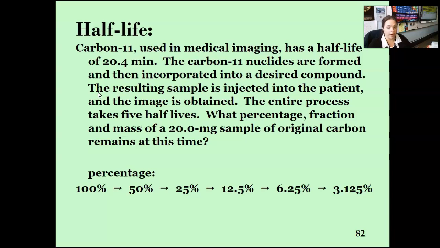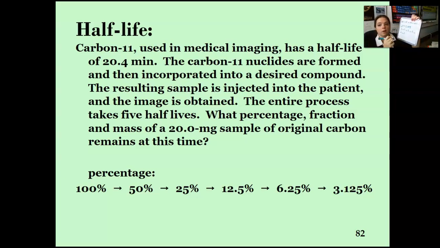Okay, so let's look at a fraction. Again, you do the 5 lines, 1, 2, 3, 4, 5. I'm going to start with 1 because you start with a 1. Put a 1 on top of everything. Make your life easier. Because it's a half-life, you're taking half of something.